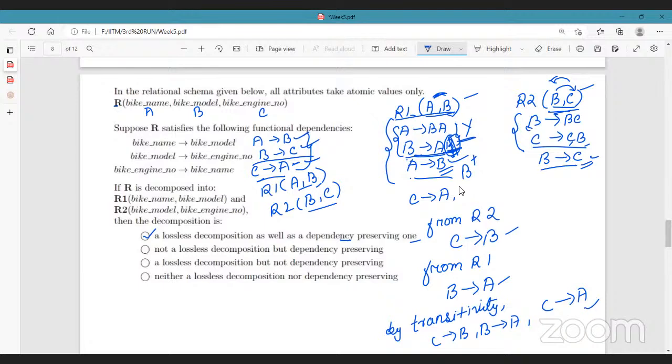A determines B is enough, right? A determines A is there, so we can ignore A, and A determines B is there. So even if you write it or don't write it, A determines B. Say, for example, you have A determines BA. What will be the closure of A?